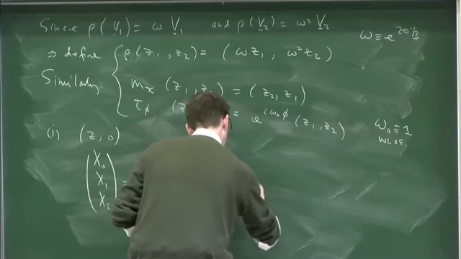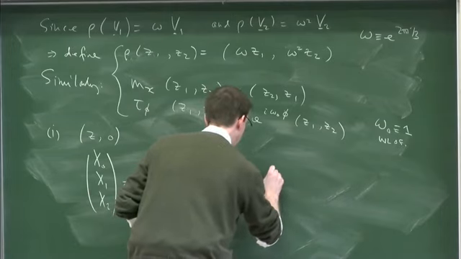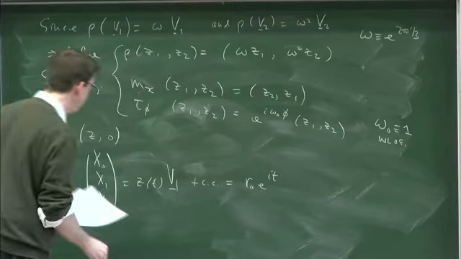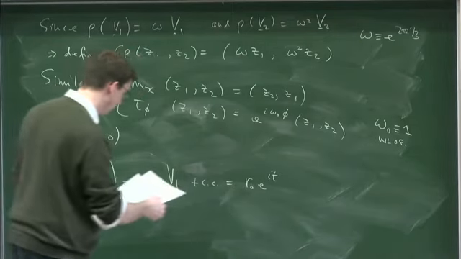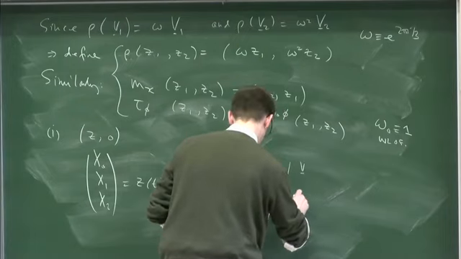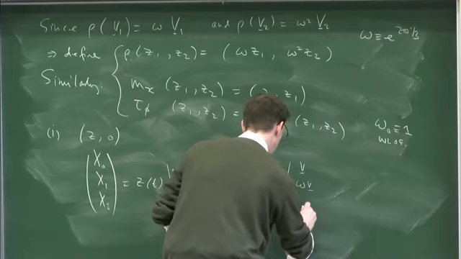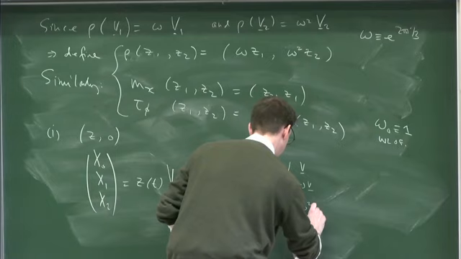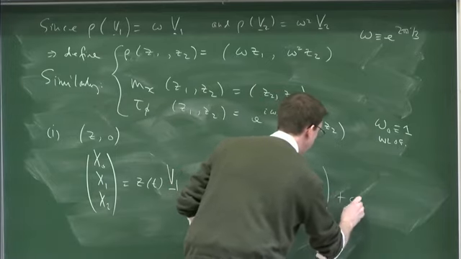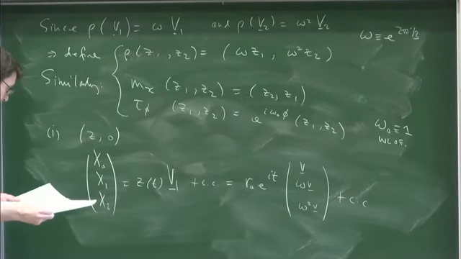So near the bifurcation point this is going to look like some r0 e^(it), a time periodic oscillation, multiplied by an eigenvector v1 that looks like (v, ωv, ω²v), plus complex conjugate, plus nonlinear corrections to this.